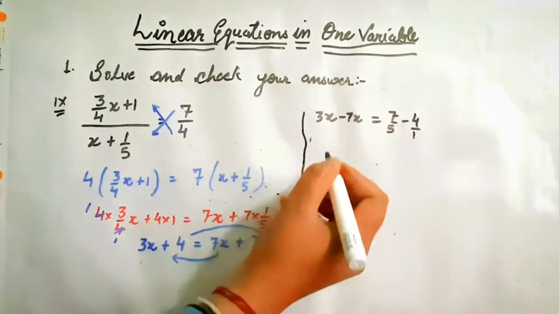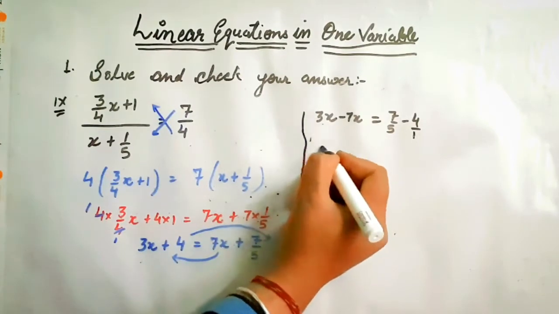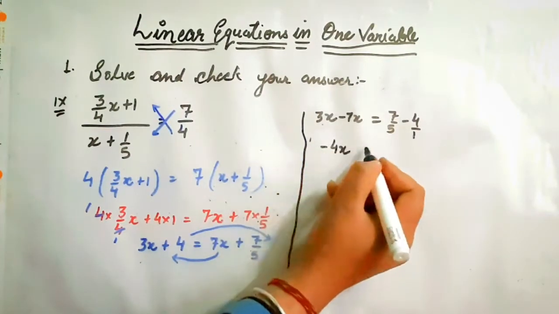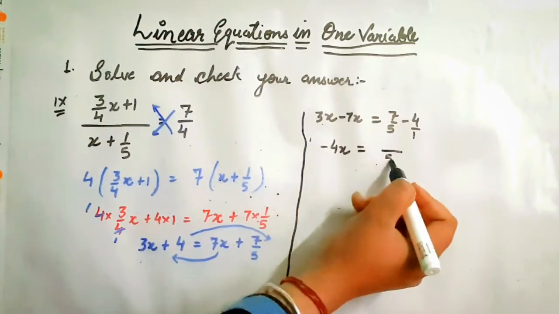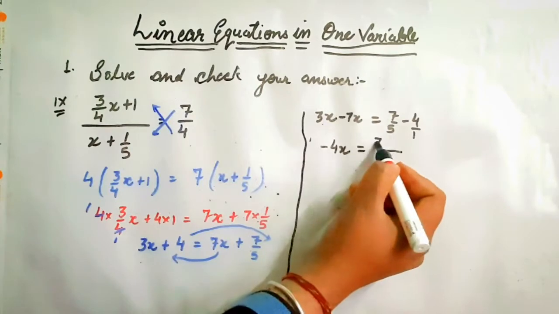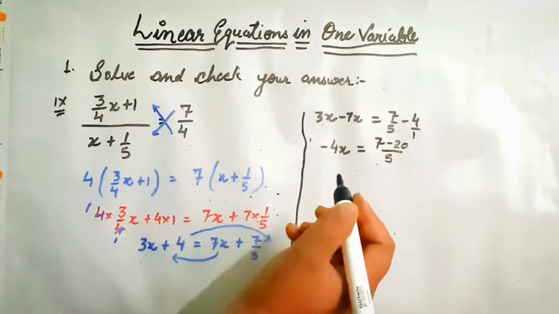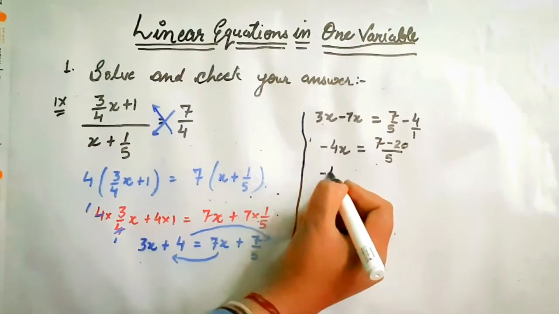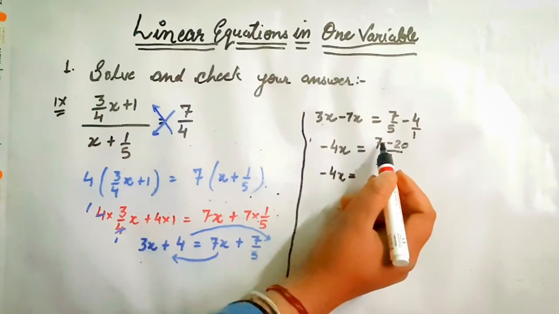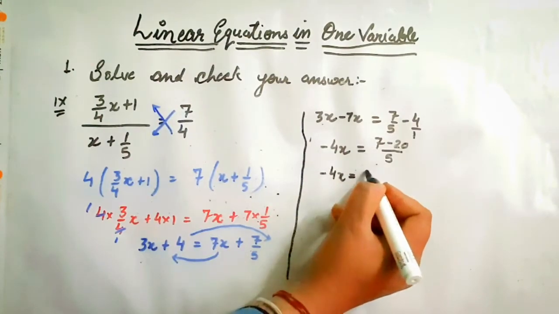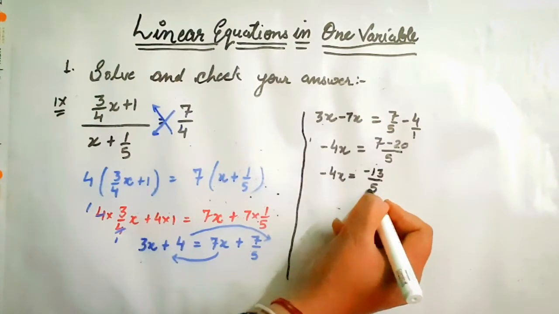Take LCM here. 3x minus 7x will be minus 4x, and here LCM is 5, 7 ones are 7 and 5 fours are 20. So minus 4x will be equal to, now 7 minus 20 will be minus 13 upon 5.